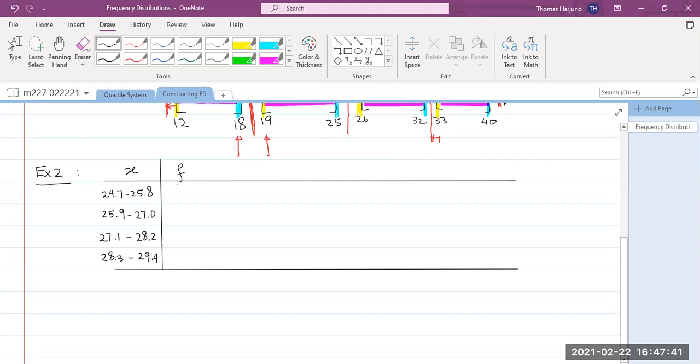The frequency. Now then, what will the lower class limit and upper class limit be?